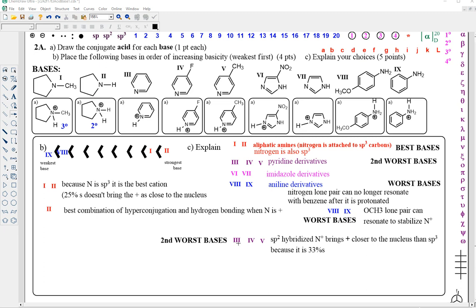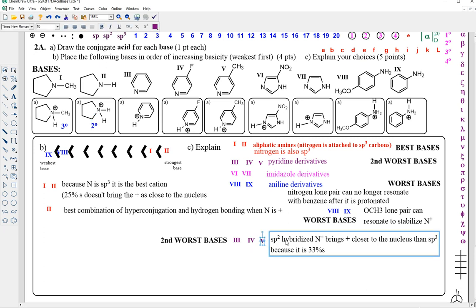So now we have to choose between 3, 4, and 5. Which cation is best stabilized? In 3, 4, 5, which of these cations is best stabilized? Well, a methyl is going to best stabilize the cation by way of hyperconjugation.